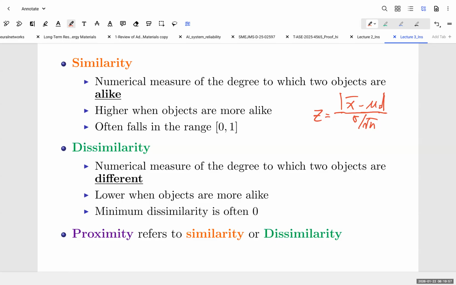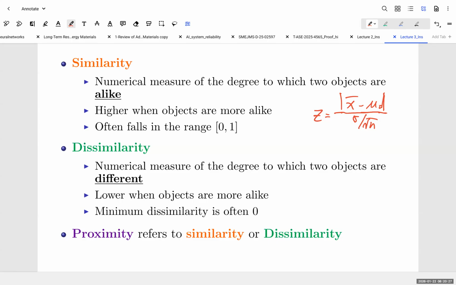X bar is your sample mean. Mu0 is your target mean. The absolute difference is the distance between these two quantities. What is the sample average? That is the center of a group of data objects you observe. And we divide this distance by the scatter, or the standard deviation, of your sample. So this is the so-called statistical distance, right?